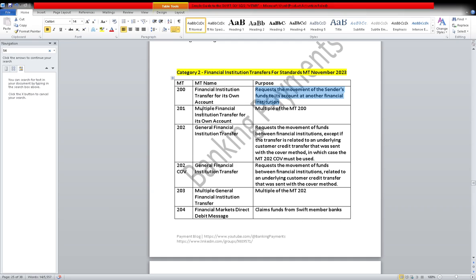Then next is the multiple financial institution transfer to an account, meaning now you are transferring only one single payment, but it can have multiple messages inside that one. Okay, I just now explained that to Shruti as well, right?